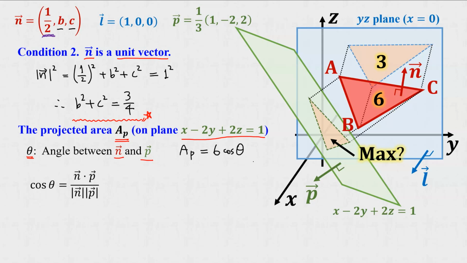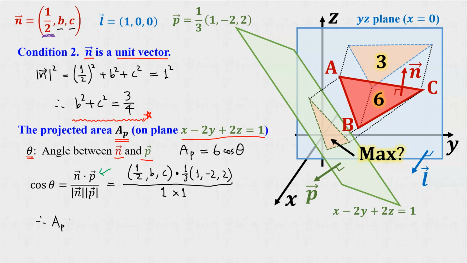Here, cosine theta can be obtained by the aforementioned formula related to the dot product, where the numerator is calculated using components. So we have vector (1/2, b, c) dot 1/3 of vector (1, -2, 2), and both magnitudes are 1 since they are unit vectors.